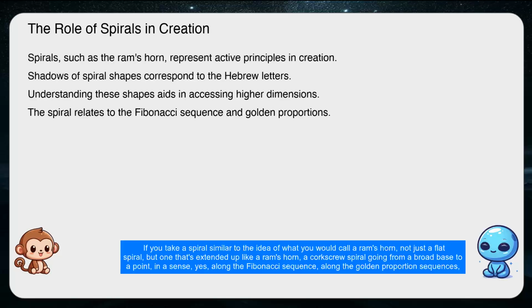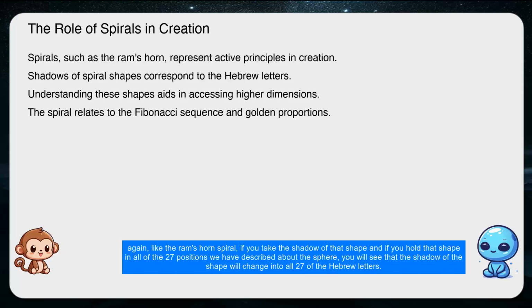If you take a spiral, similar to what you would call a ram's horn, not just a flat spiral, but one that's extended up, like a ram's horn, a corkscrew spiral, going from a broad base to a point, yes, along the Fibonacci sequence, along the golden proportion sequences, again, like the ram's horn spiral.